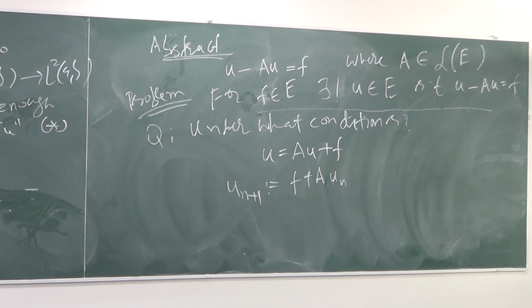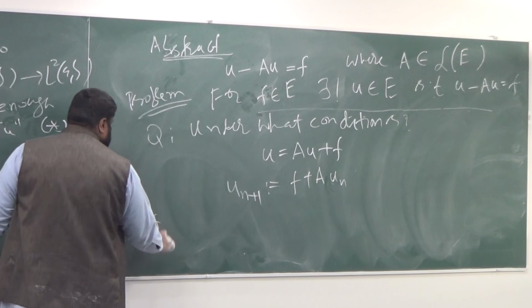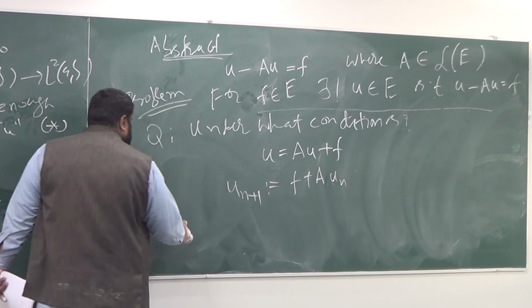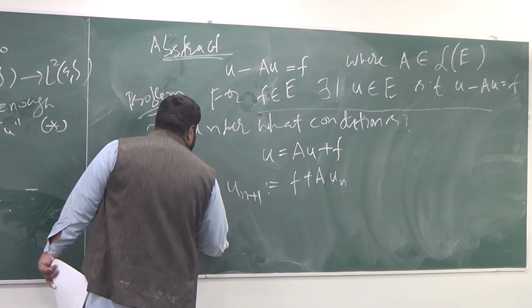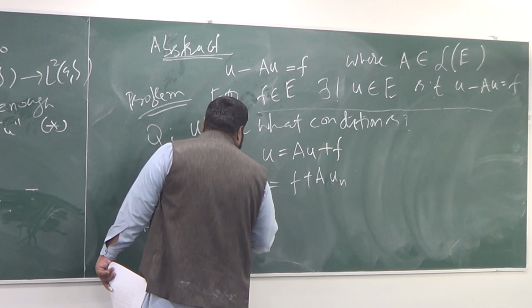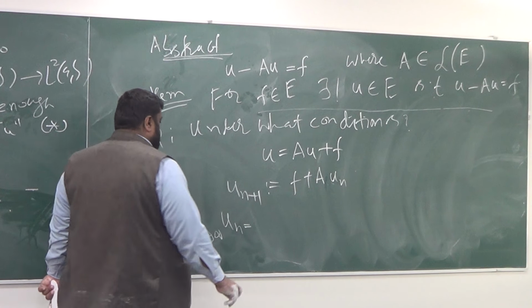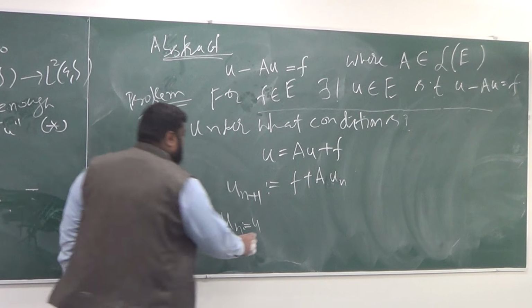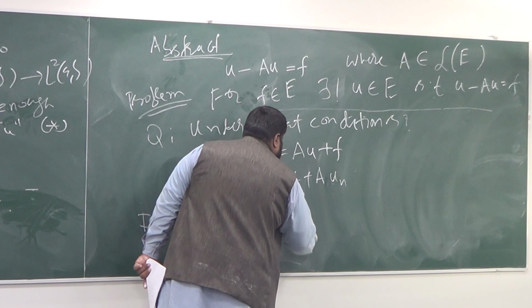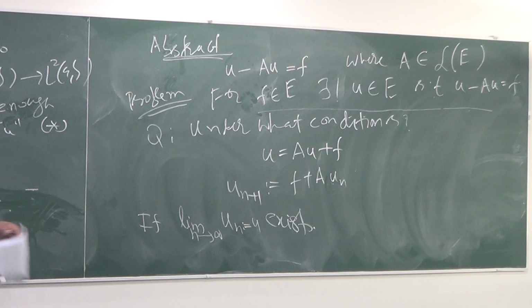So if, and this if is a big if, the limit as n goes to infinity of u_n exists, and I'm giving it a name u, then I can have a solution of this problem.